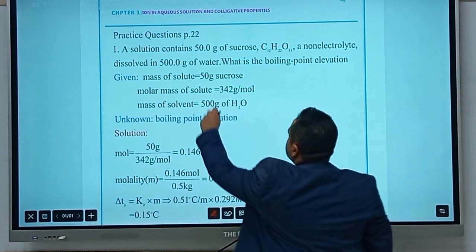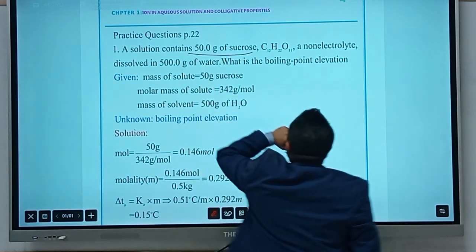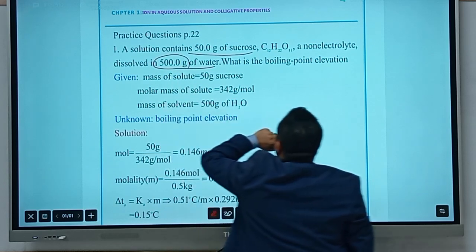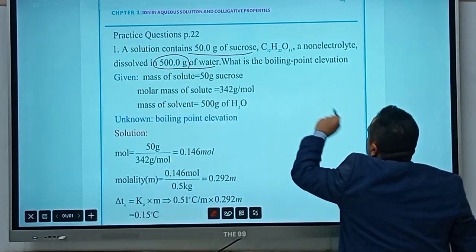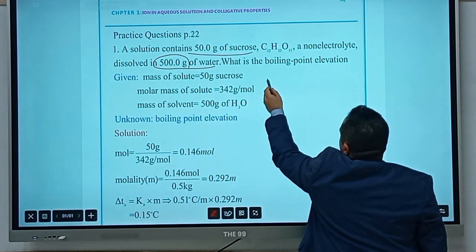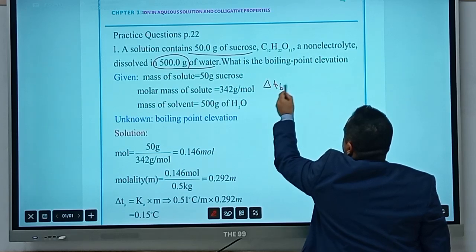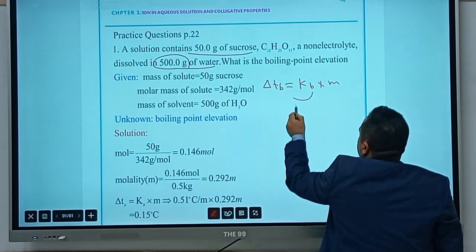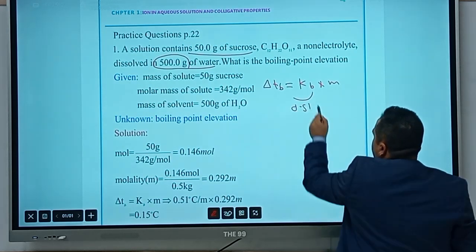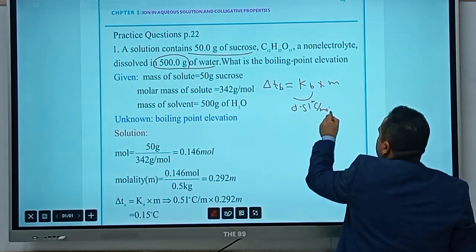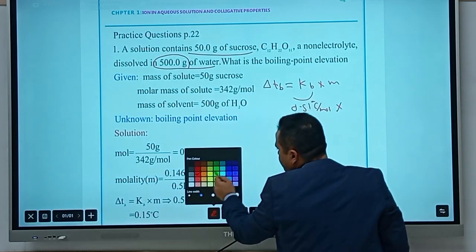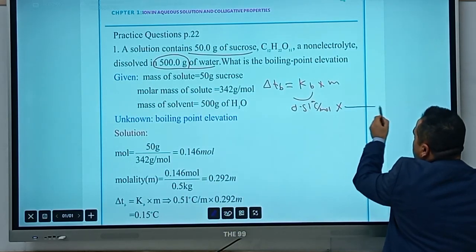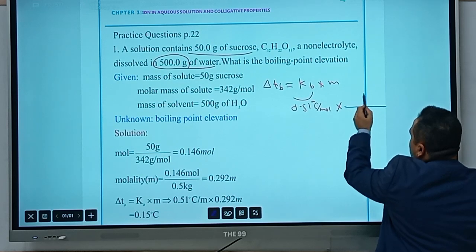Let us solve questions we have practiced on page 22, guys. A solution contains 50 grams of sucrose, a non-electrolyte, in 500 grams of water, which must be converted to kilograms. What's the boiling point elevation? Delta TB is equal to Kb multiplied by m. We know the Kb is 0.51 Celsius per molality, and we multiply by the molality. The molality equals the moles divided by the mass of solvent.